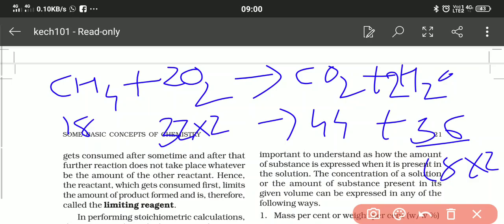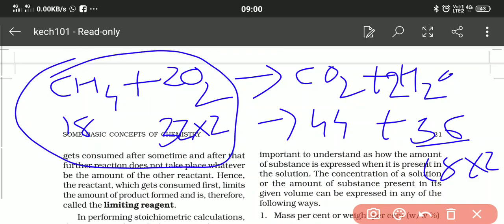Now if we reduce the amount of this reactant, for example to 9 gram, if I take 9 gram of CH4, meaning half, then how much oxygen is required? Only half of this. So the weight of CH4 controls the amount of product.